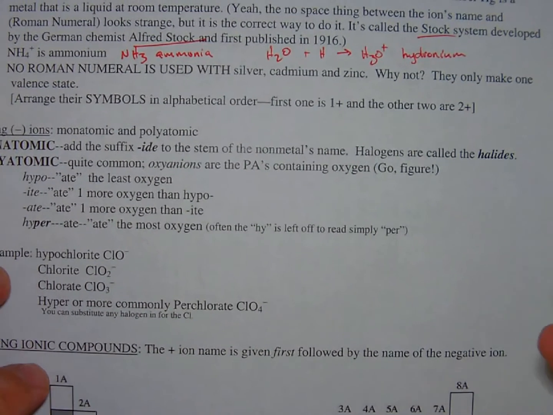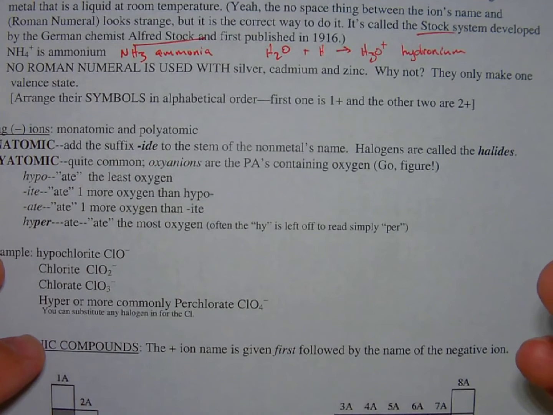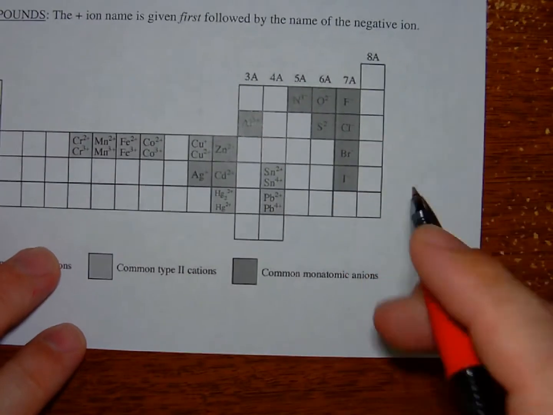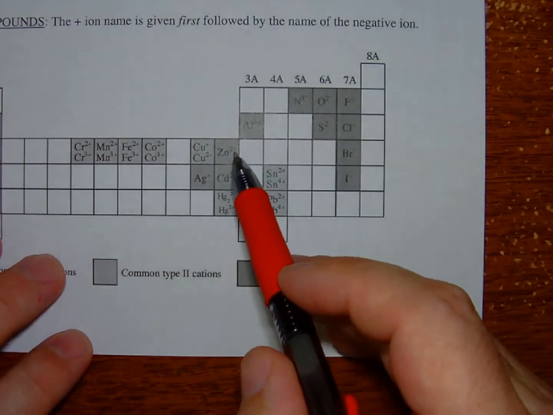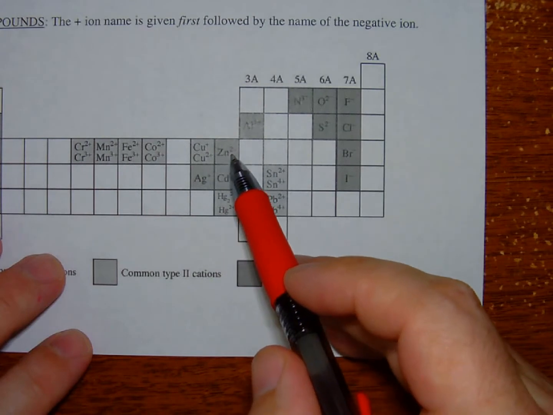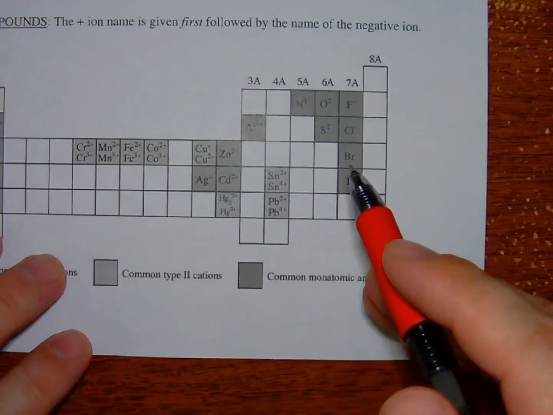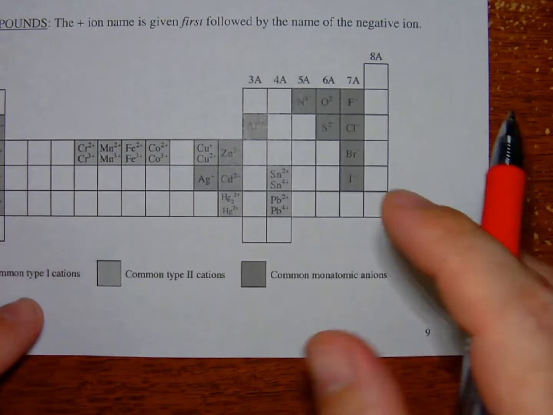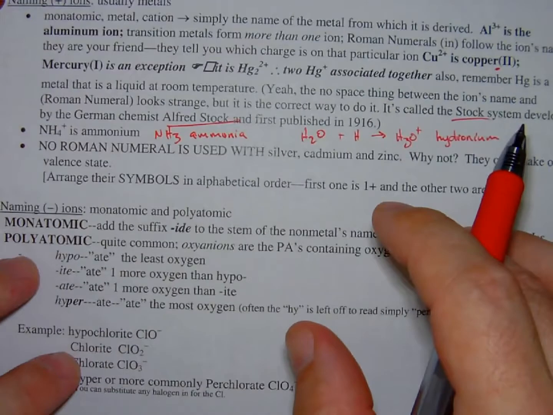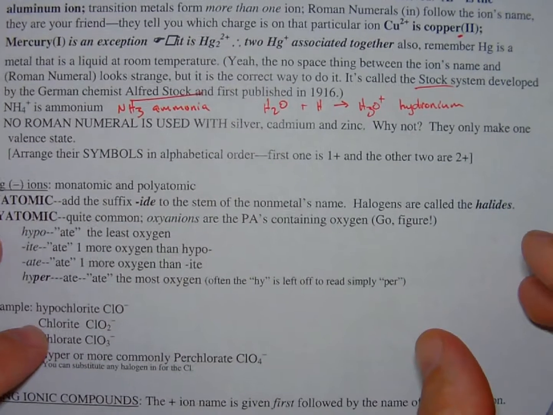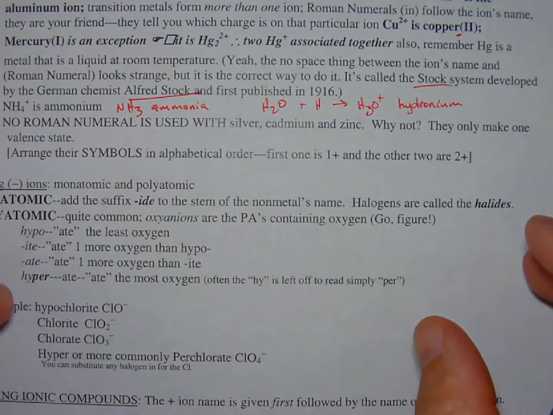Because they only form one charge, I don't have to tell you what the charge is using Roman numerals. If you look back down at this periodic table, zinc 2+, silver +1, cadmium 2+. They only form one state, so I don't need Roman numerals when using silver, cadmium, or zinc.